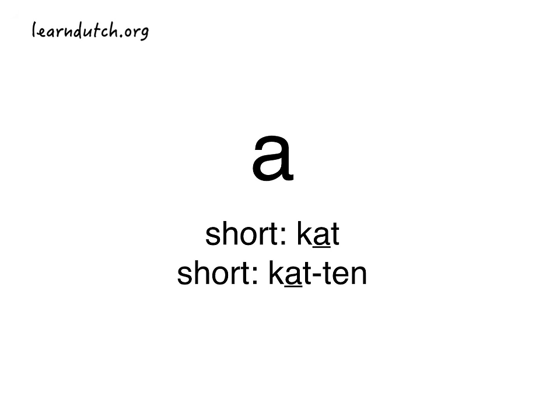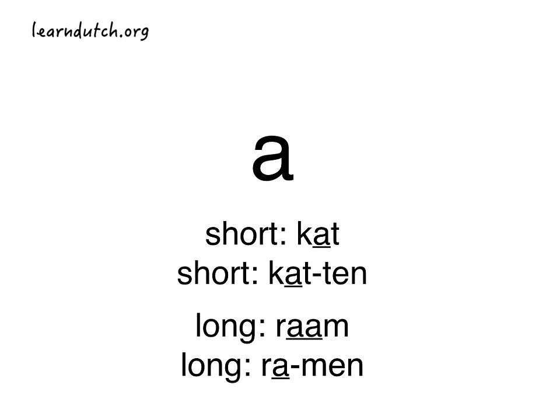The extra T is to stress that in plural the short sound A should be preserved. The long sound is pronounced with two A's after each other, like in raam, which means window. Or when one A is not followed by a consonant at the end of the syllable, like in ramen, which is plural.